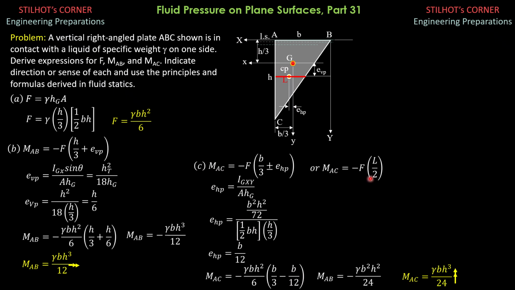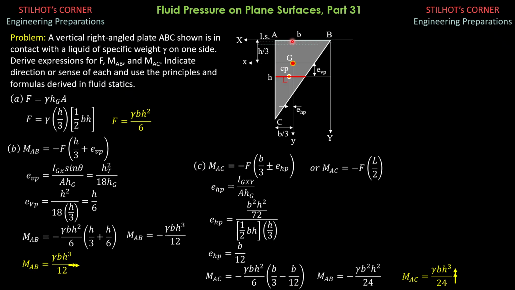So to solve for L, we have to apply similar triangles. So L as to this length is equal to H, or it is equal to 2/3 of H, if that's H over 3, so this is 2/3 of H minus EVP, which we already solved here, equal to H over 6.